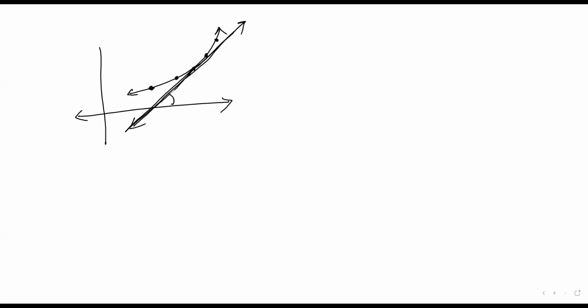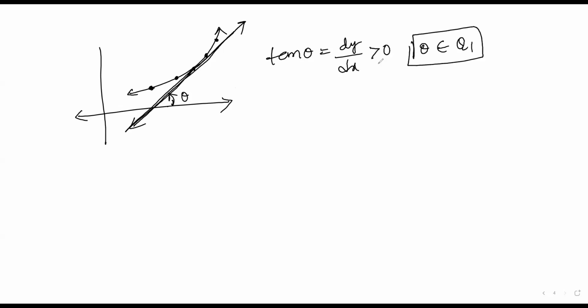Let theta be its angle, then tan theta is the slope, which is dy by dx. Theta is acute, that means theta is in the first quadrant, so tan theta is greater than 0.